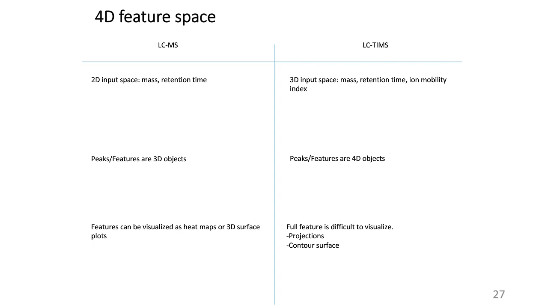So to mass and retention time, there will be added the ion mobility index or the collision cross-section, or however you want to parameterize this new dimension. Then the features themselves used to be three-dimensional objects because they used to live in a mass retention time intensity space. Now these also get the added dimension, the ion mobility, so they become four-dimensional objects.